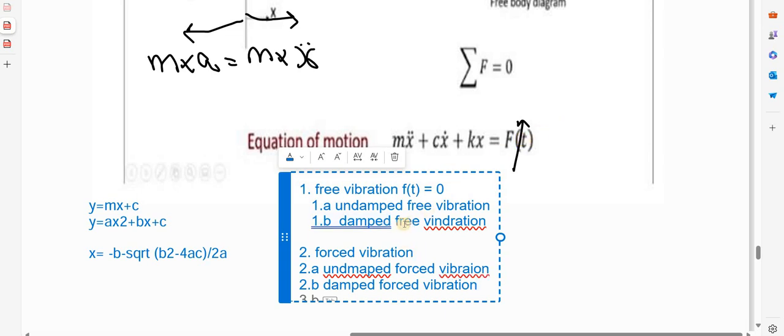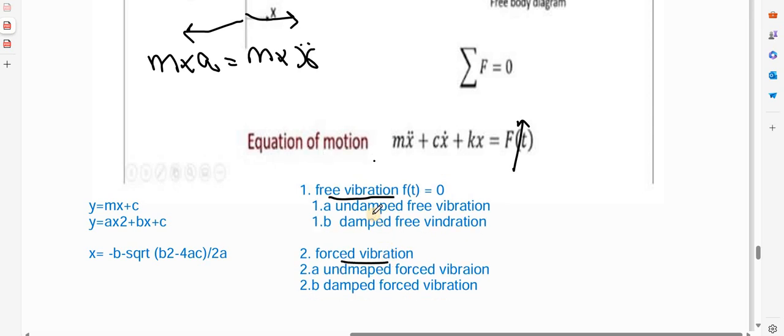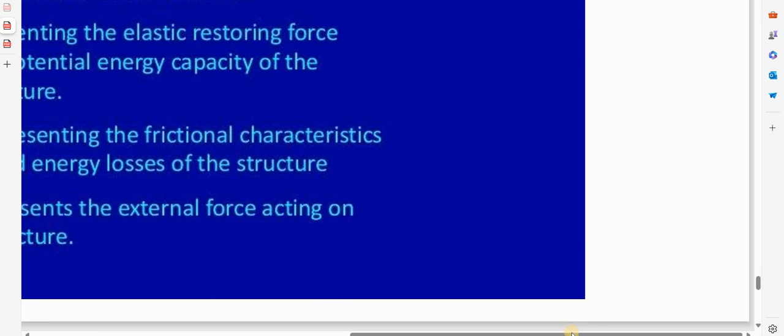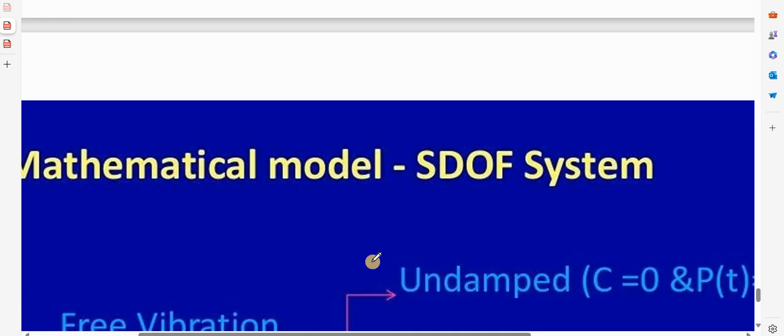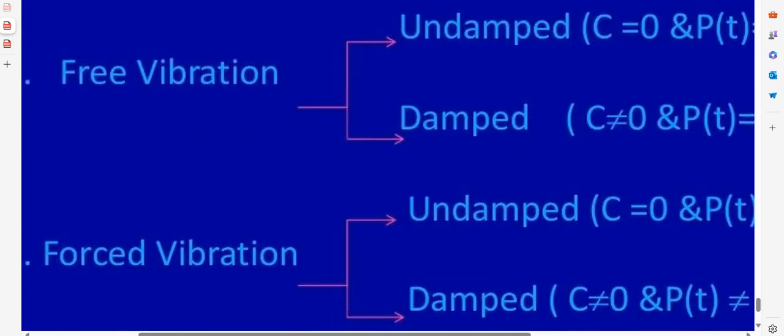One is the force can be 0 or not, known as free vibration and forced vibration. Again the free vibration is of two types. Sometimes c is 0, it is known as undamped condition. In the undamped itself there are undamped free vibration and damped free vibration. Here undamped forced vibration and damped forced vibration. So these four cases we will be studying throughout this subject.